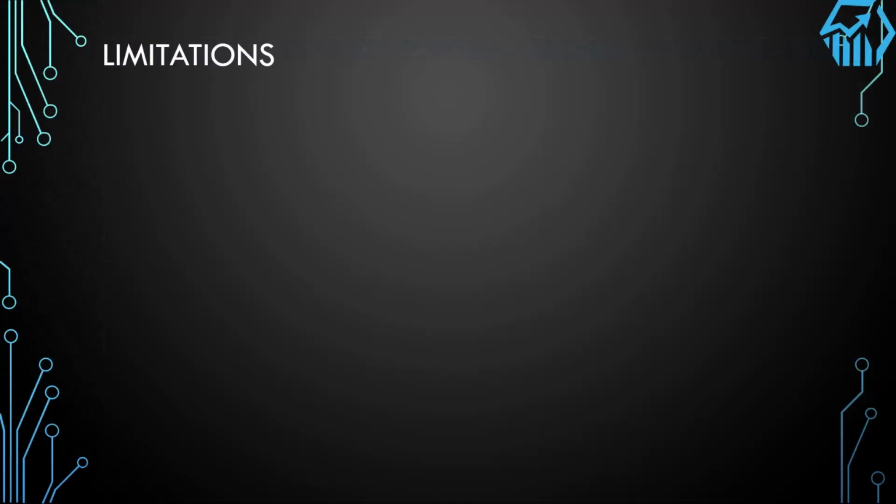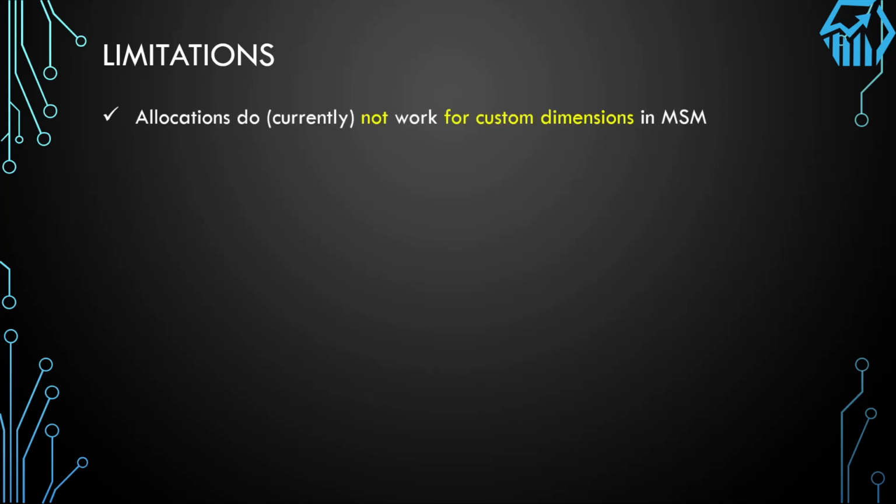Okay, so here at the end, some limitations that you should be aware of if you want to use something similar. So first thing is, these allocations work for the operating units or facilities that you can set up in the Microsoft Sustainability Manager. They are not working for the custom dimension.